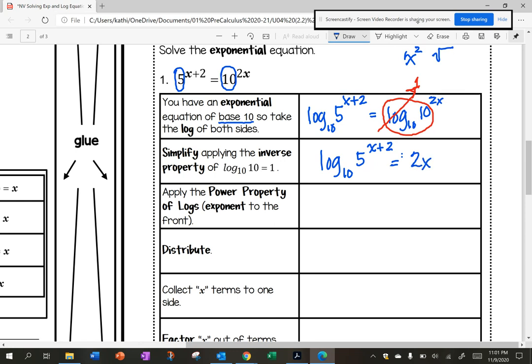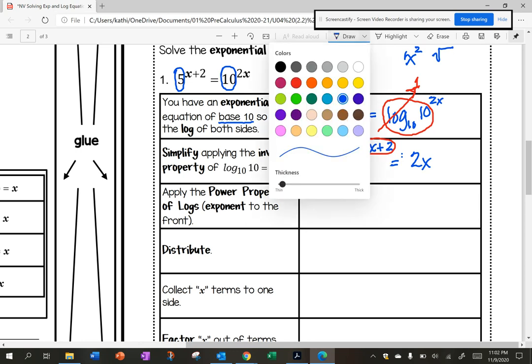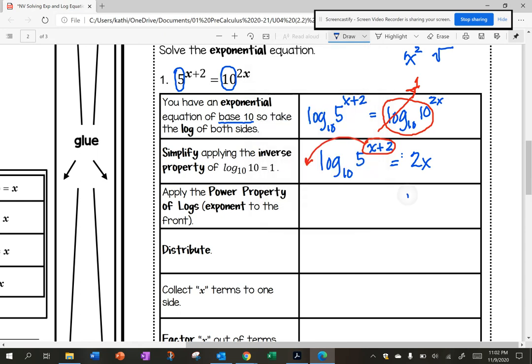Next, I am going to take my power and move it to the front of my logs. So now I have, and I need to write it in parentheses, x plus 2 times the log base 10 of 5 equals 2x.